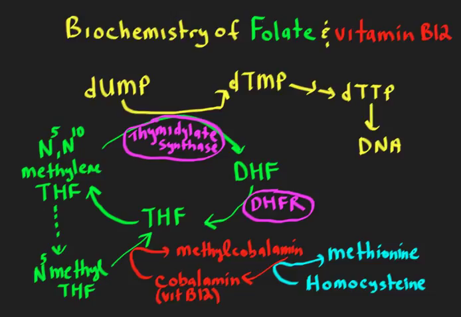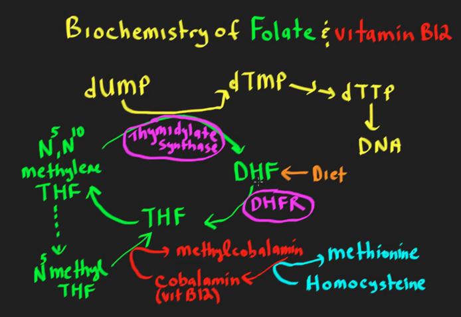Okay, so I think it's obvious that if we had a deficiency in folic acid, for example, if you're thinking about dietary sources of folate, let's say your diet is coming in over here, folate in the diet.